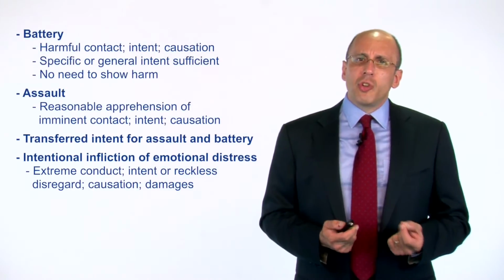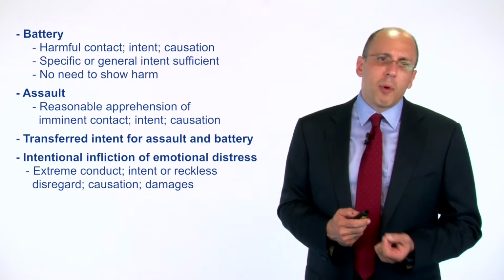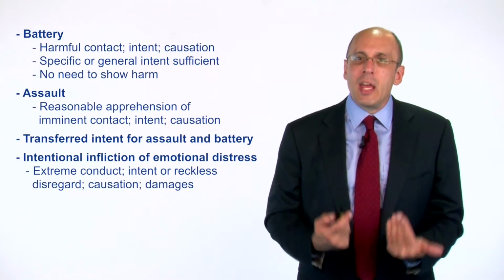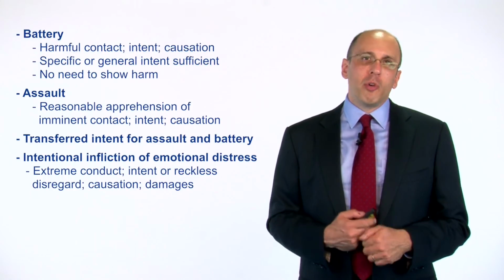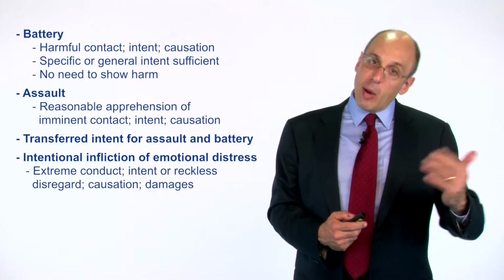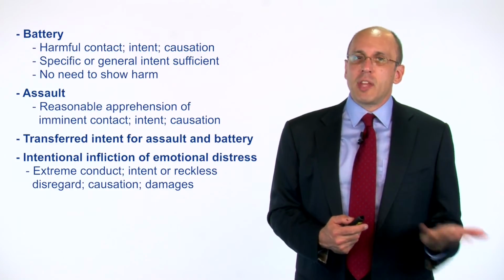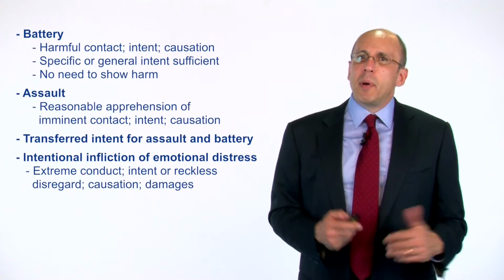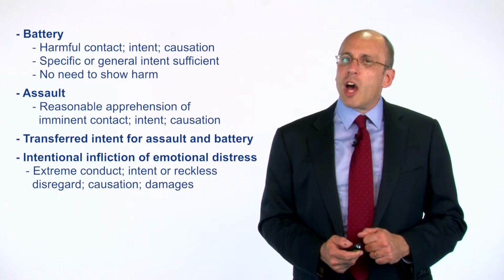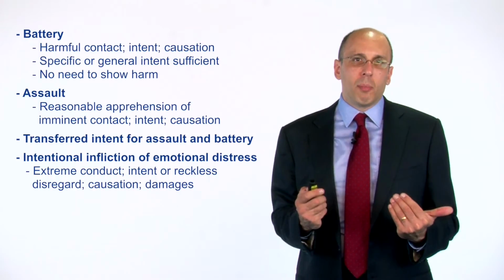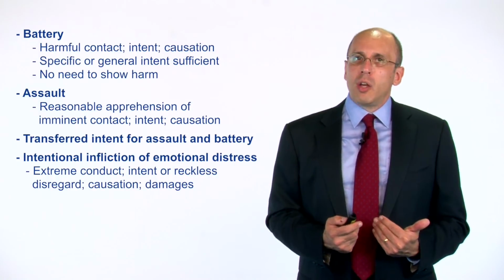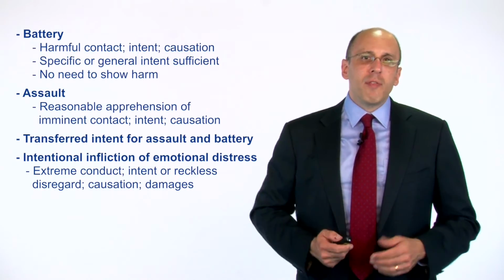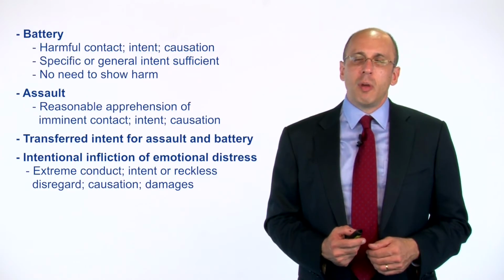Another intentional tort is intentional infliction of emotional distress. And that occurs when a person intends to cause extreme emotional distress to someone else. Now, assault is an example of something that could also be an intentional infliction of emotional distress. But there might be other kinds of outrageous conduct, perhaps conduct that's purely verbal, where someone is not in imminent fear that they're going to be hit, but they may nevertheless be put into a position of emotional distress.